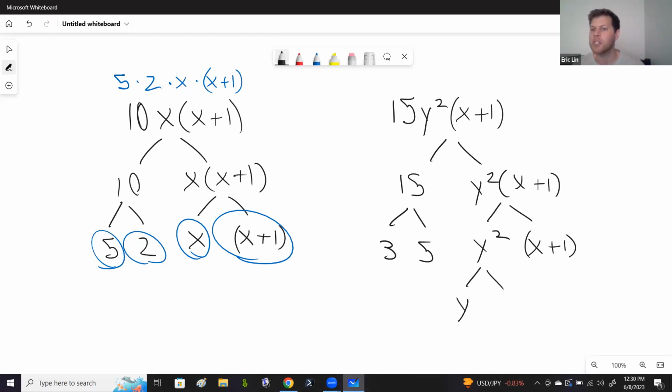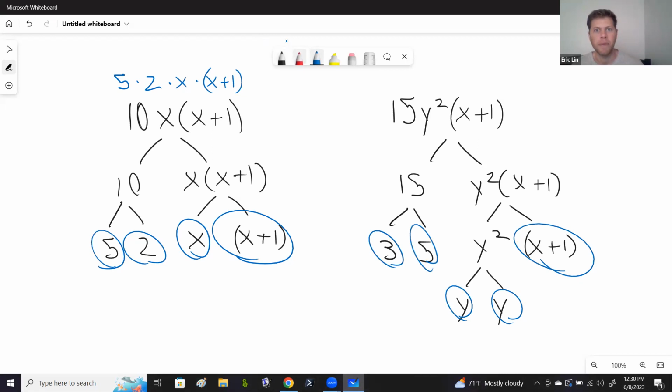And then y squared, I'll just split up into y and y. So I've got 3, 5, y, x plus 1. So 3 times 5 times y times x plus 1. And so I want to look at what's in common between my two different terms.